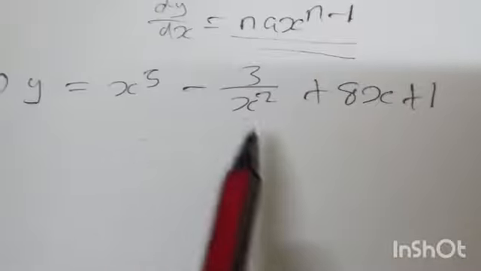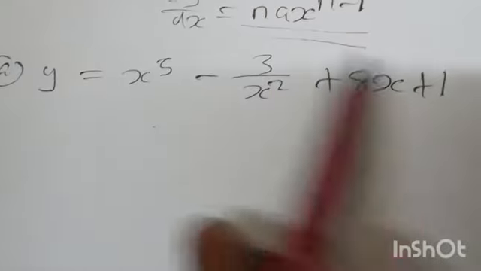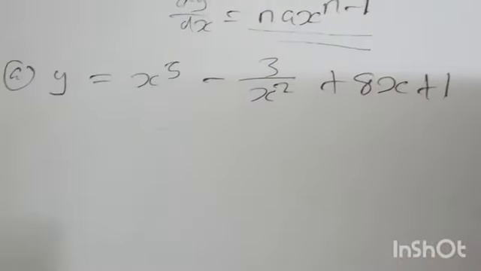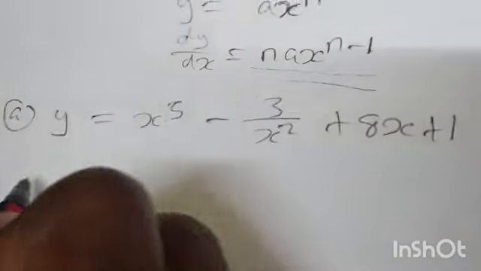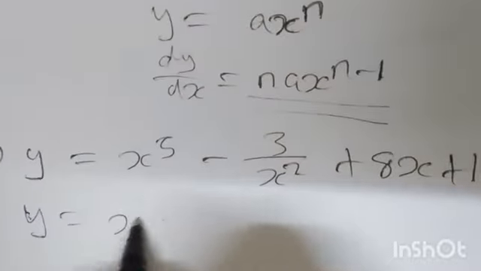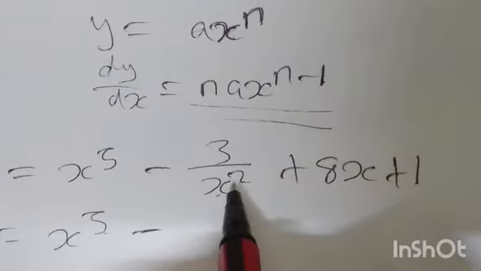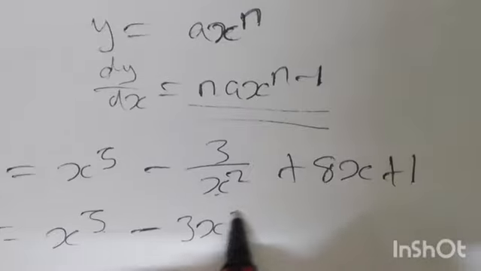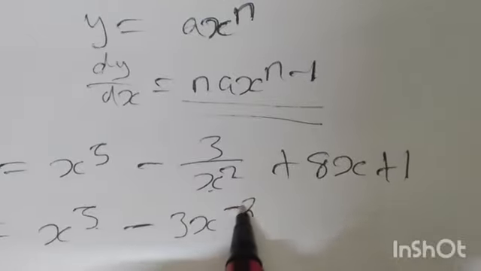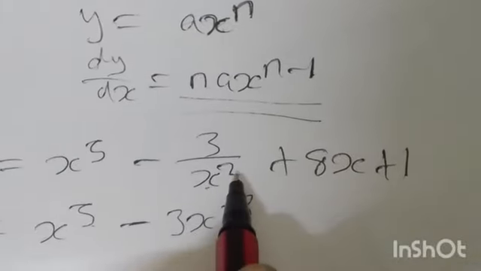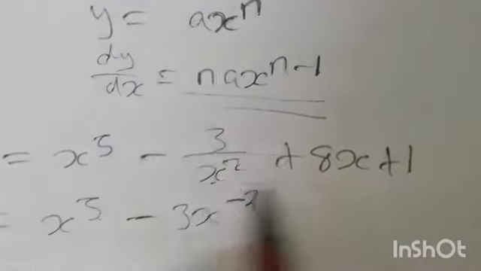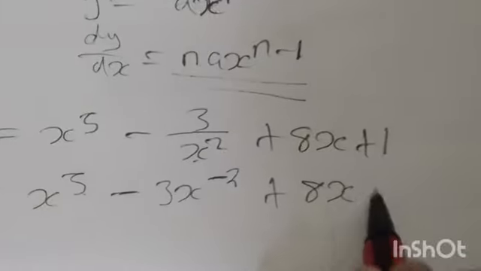The best way is by rewriting it properly so that everything is in one accord. So y is equal to x to the power 5 minus, how do you write this one? This means it is 3x to the power negative 2. If the power is negative, the x squared comes down. Then plus 8x plus 1.